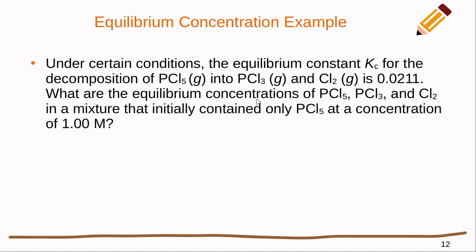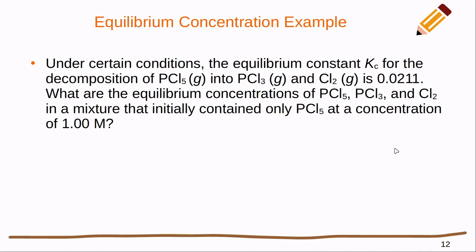What are we being asked for? What are the equilibrium concentrations of all three of the species in a mixture that initially contained only phosphorus pentachloride at a concentration of 1 molar? Okay, so the first thing I need to parse out here is the phrase decomposition of phosphorus pentachloride into phosphorus trichloride and chlorine gas.